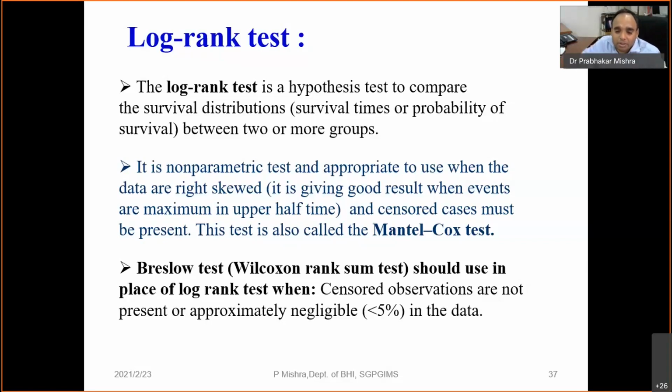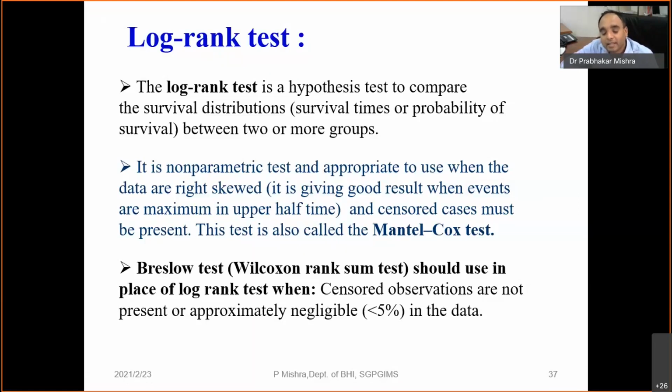Another situation is if the maximum events happen in the lower half, in that situation also, although we can use the Breslow test, it is not mandatory. So the major difference between the Breslow and log-rank tests is that if less than 5% censored cases are present, then we have to use the Breslow test. Otherwise, in all other situations the log-rank test can be used, because the log-rank test is a very powerful method.